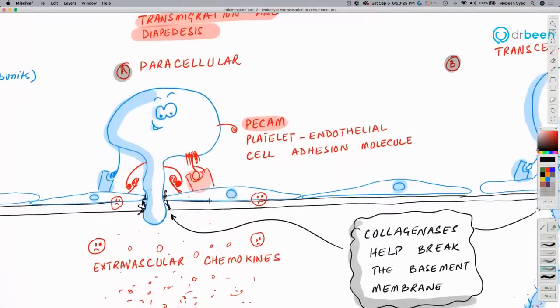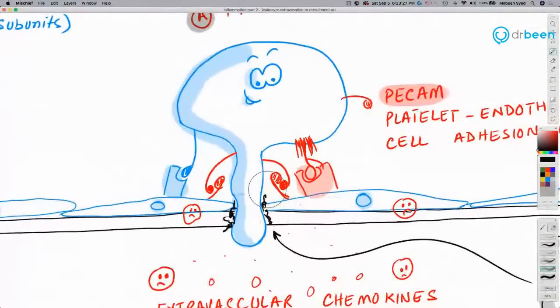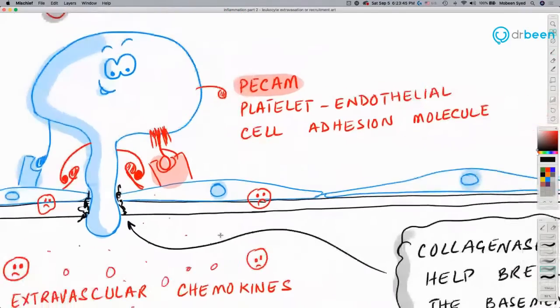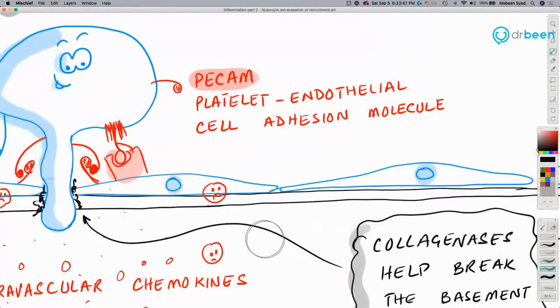When this binding occurs with the PCAMs, the white blood cell releases substances that open up the intracellular junctions. These are the junctions between the two endothelial cells. At the same time, it releases substances called collagenases.